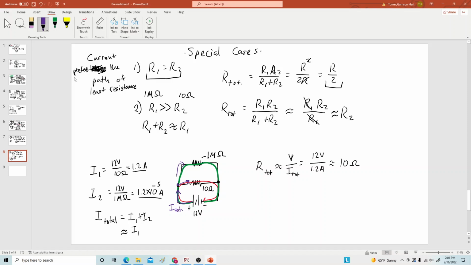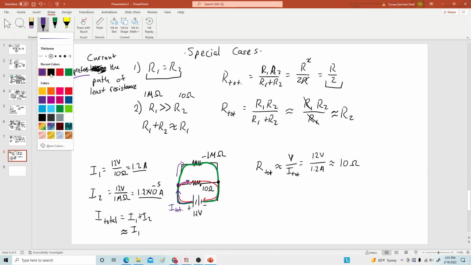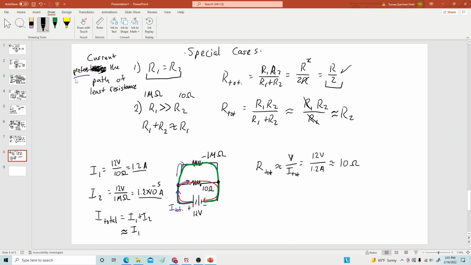It still will move through that path. So it's not that current takes the path of least resistance, but that the current prefers the path of least resistance. Okay. So these are your two special cases. When your resistors are equal to each other, the total resistance will just be half of the value of either individual resistor.